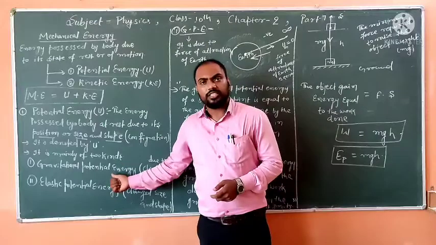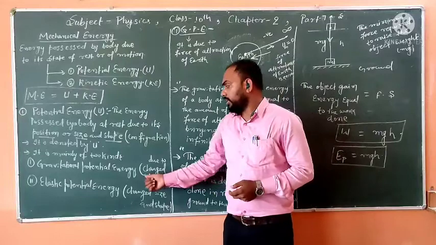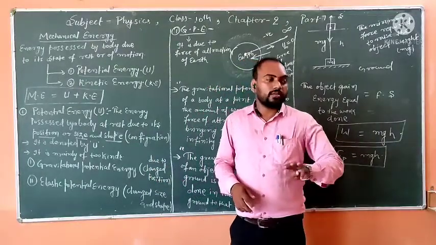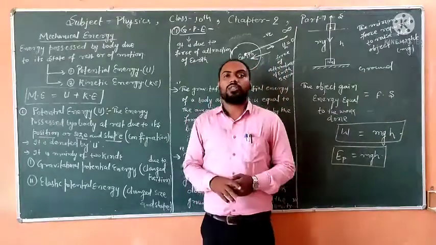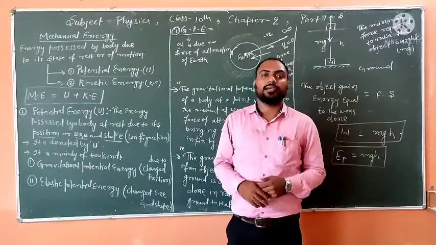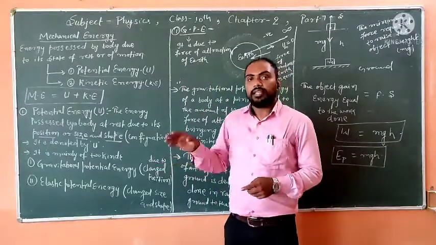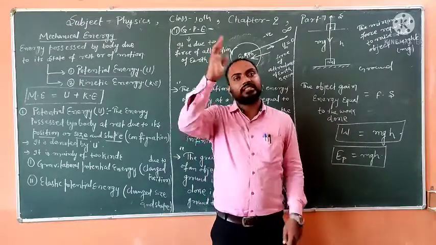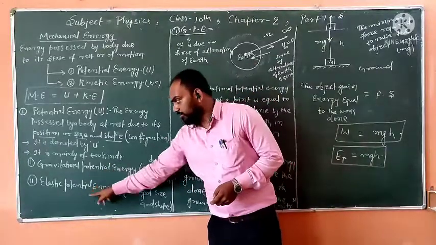That potential energy caused due to position change of a body is called gravitational potential energy. You are on the ground and one of your friends is on the roof of the school building, on the last floor. Then there is a far difference between your potential energy and your friend's potential energy.